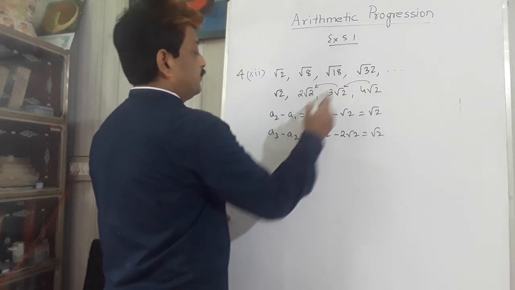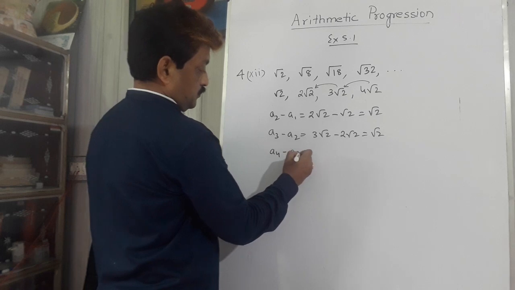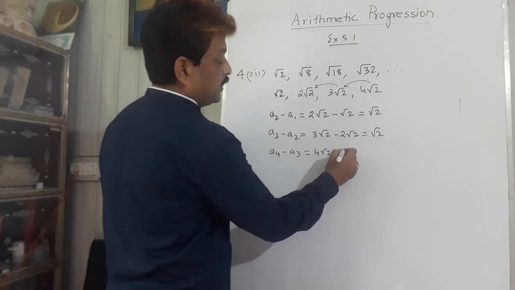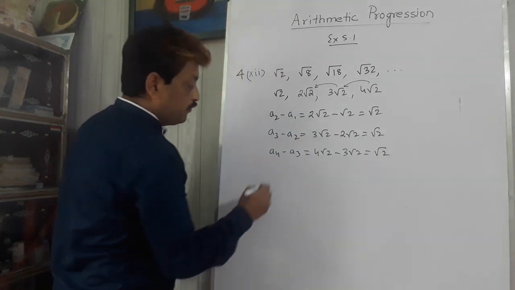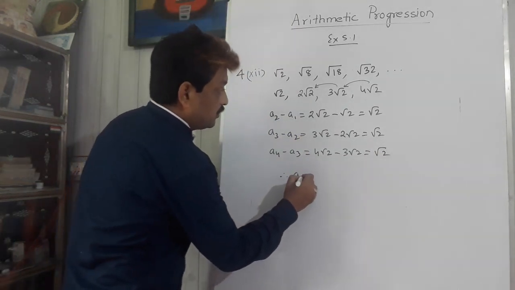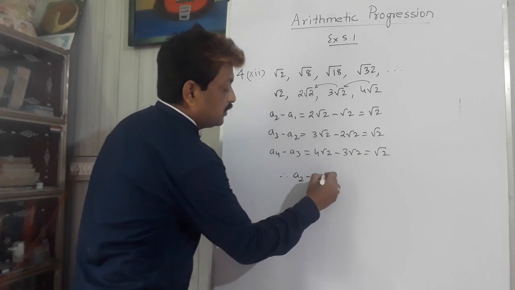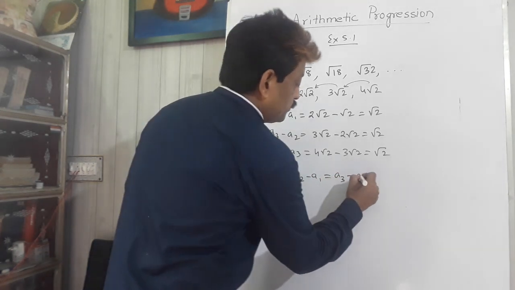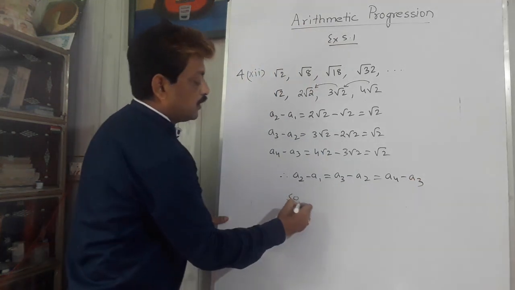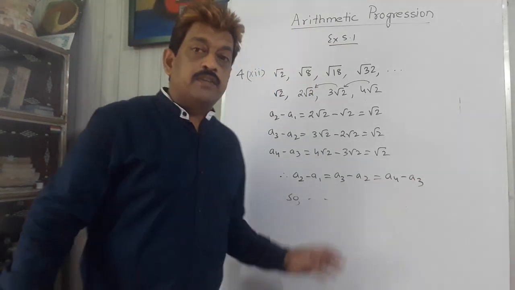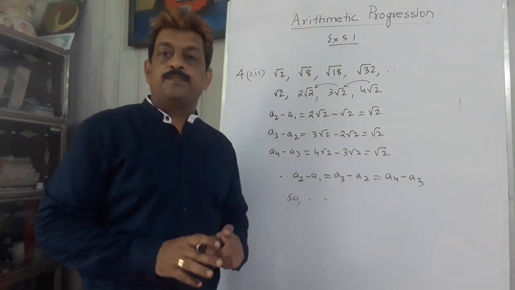A4 minus A3, this is 4 root 2 minus 3 root 2, this is also root 2. Therefore, what we have obtained is that A2 minus A1 is equal to A3 minus A2 equals A4 minus A3. So the given series is an AP.